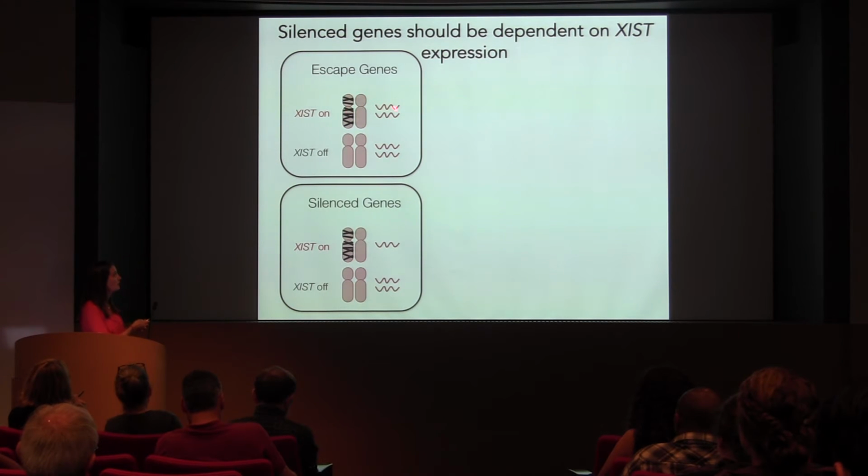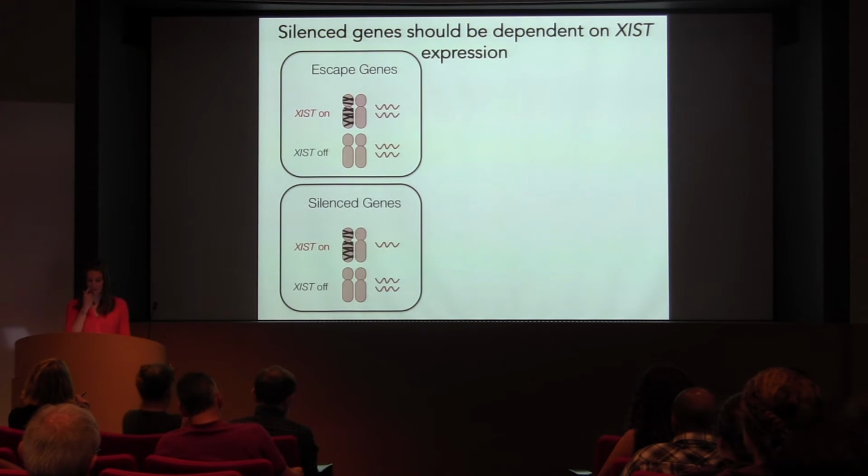So you get one copy from each chromosome, whether XIST is on or whether XIST is off. That's contrasted to silenced genes, which obey the rules of X chromosome inactivation. So if the X chromosome is turned off, they are not expressed. So when XIST is on, you only get one copy, and when XIST is off, you get two copies.